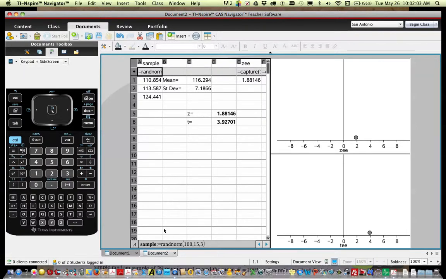All right, so if you look down here at the bottom, this command is going to generate 3 IQs based upon a population that has a mean of 100 and a standard deviation of 15. So this command just says, go out to this population of IQ scores and give me 3 of them. All right, and so when I do that, I end up getting these 3 numbers. Okay, I got some kid that had an IQ of 110, another one of 113, and another one with 124.